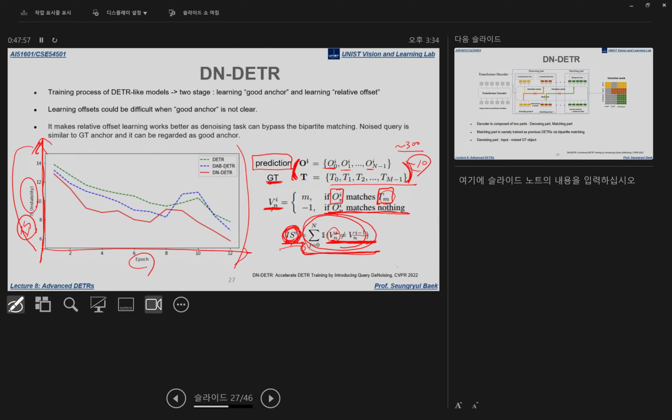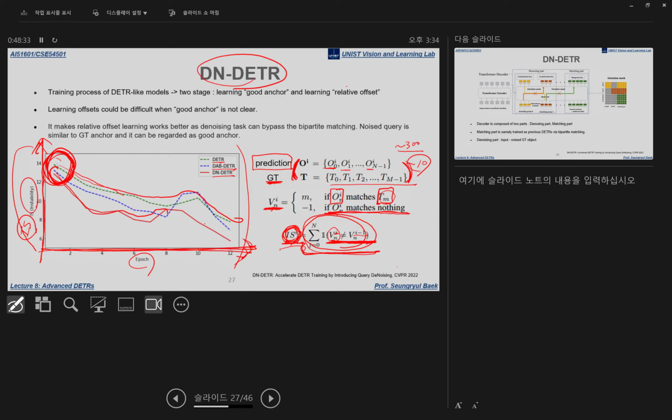Okay, so in DETR, DAB-DETR, and DN-DETR, these sample numbers are high in early stages, especially. This is denoting the training epochs. So in early training epochs, the mismatch between the ground truth and predictions is high, okay, and it is gradually reduced after the epochs, but the speed of this decrease is important for fast convergence.